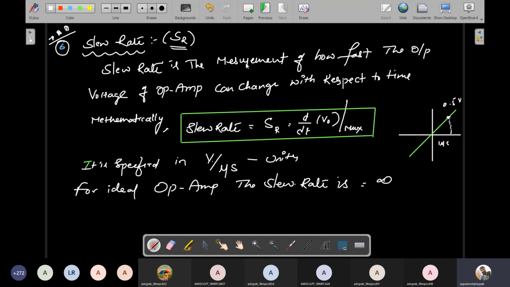Right. Please note everybody. I'll move to some practical and ideal operational amplifier characteristics. What are the characteristics right now we are studying in terms of definitions? Now we will see the chart, the values of the ideal op amps and practical op amps.